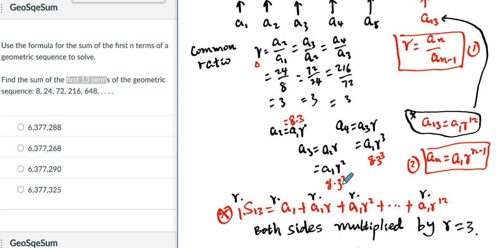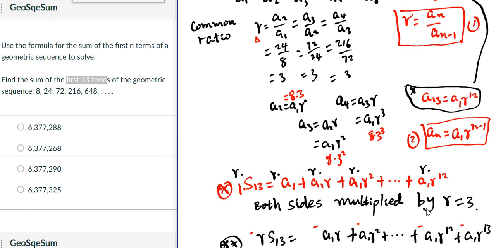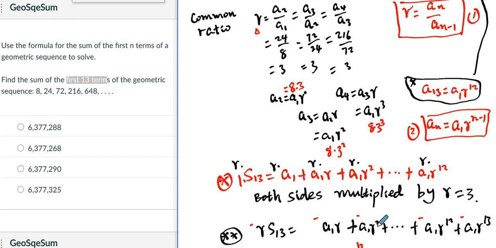Now, here is the way to develop the formula. We want both sides of the equation multiplied by r, which is 3 in our case. So if everywhere is multiplied by r, I shall have this column come out. S13 times r, in this case, is 3.